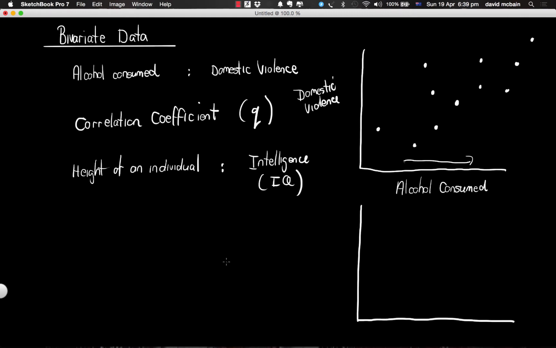We might do an investigation where we survey a range of maybe 100 people or 50 people. We ask for their height and we ask them to sit an IQ test and look at what score they get. So we might then plot that data. And on the bottom axis, we would put the height. And on the vertical axis, we'd put the IQ score. And we might get a relationship like this. The data might look like this.